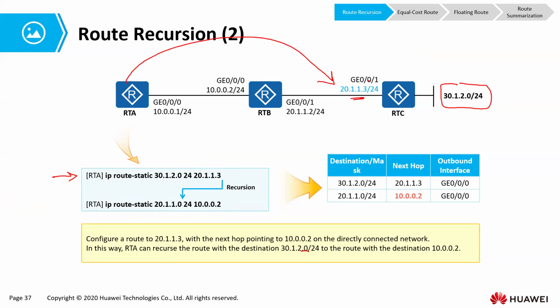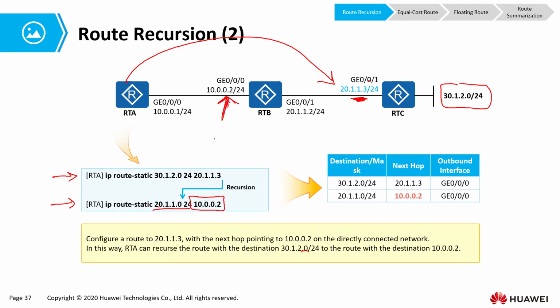The next hop is not here, but a directly connected interface is. That's a problem. So we use recursion, where we now have another route which directs us to reach our next hop, via this exit interface and via this next hop.